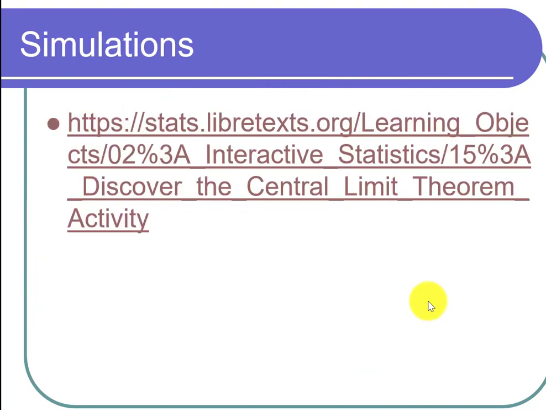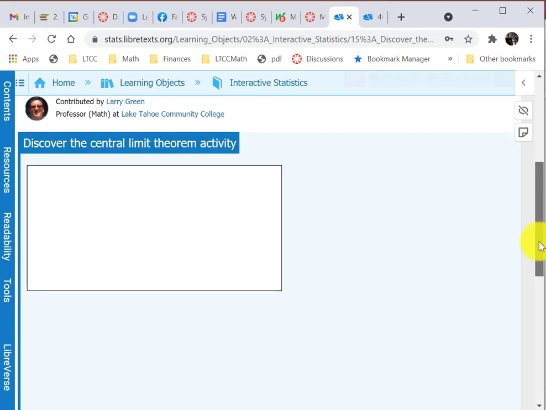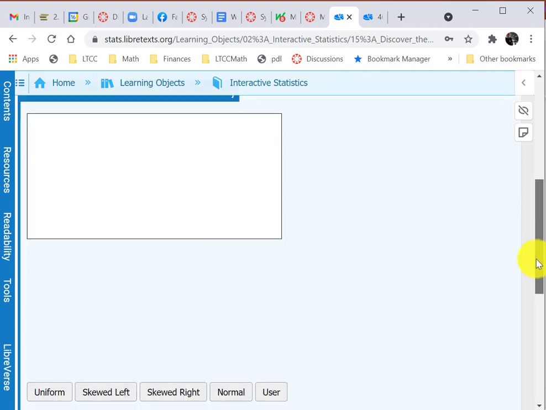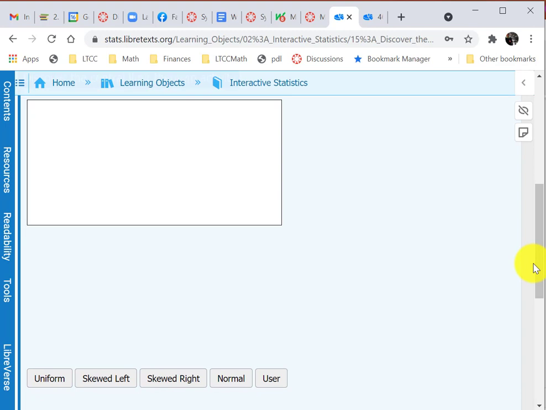So next, let's take a look at a simulation that I developed about the central limit theorem. Maybe we can see what's going on here. Okay, so here is the program that I wrote. It's to discover the central limit theorem activity. And what we can do is first choose what kind of distribution we want to start with.